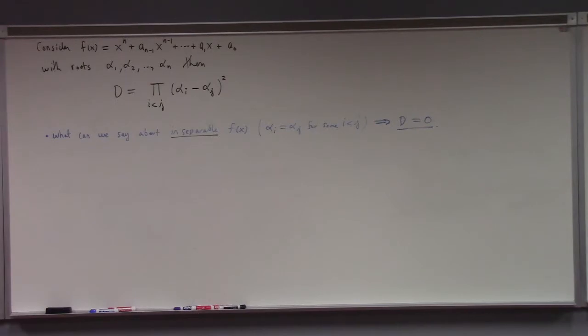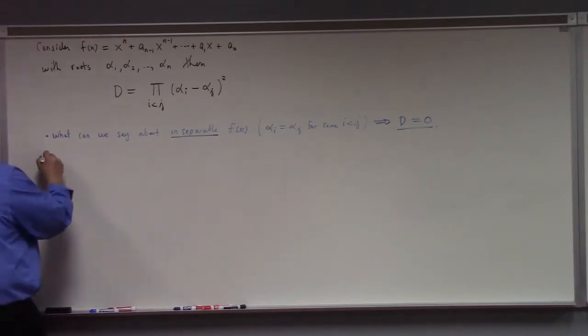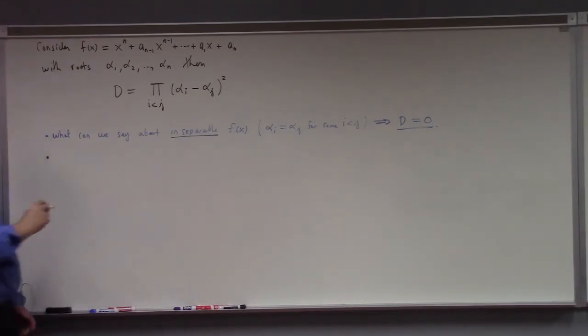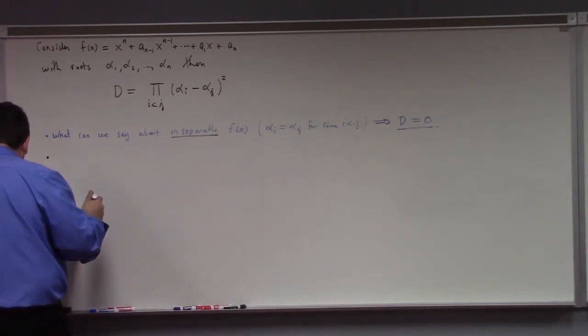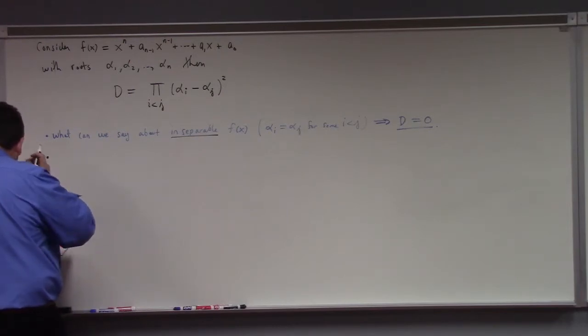He says the discriminant is symmetric in the roots of f of x. And what does that mean? It means it's fixed by all the automorphisms of the Galois group of f of x. He says the discriminant is symmetric in the roots of f of x, hence is fixed by all the automorphisms of the Galois group.